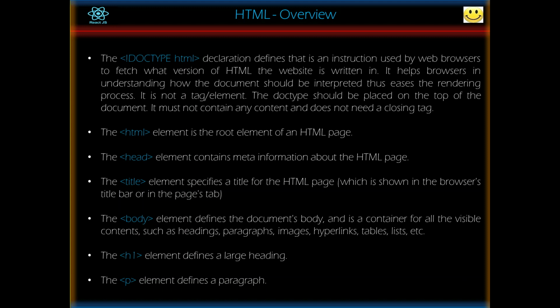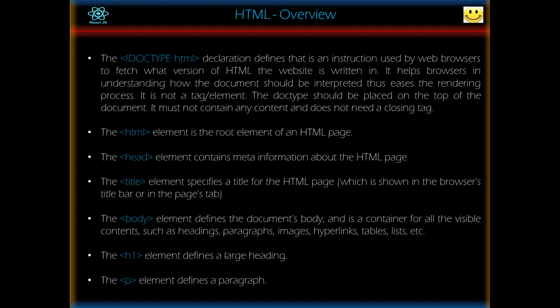It helps browser in understanding how the document should be interpreted, thus eases the rendering process. It is not a tag or element. The doc type should be placed on the top of the document. It must not contain any content and does not need a closing tag.